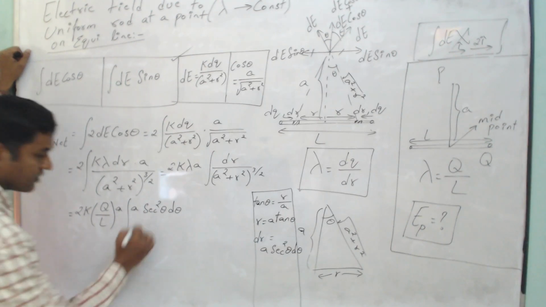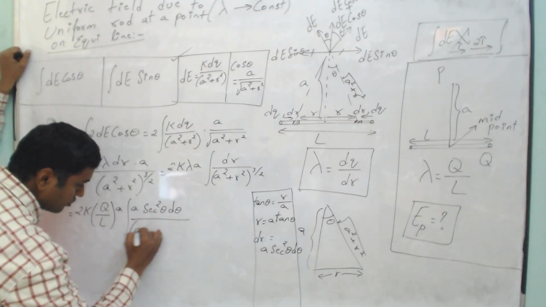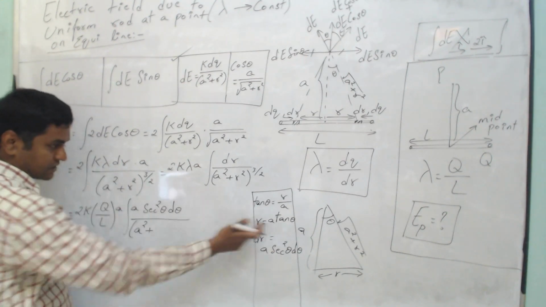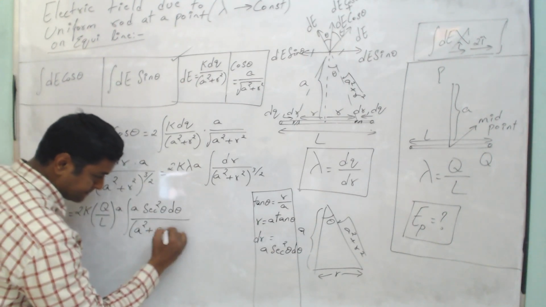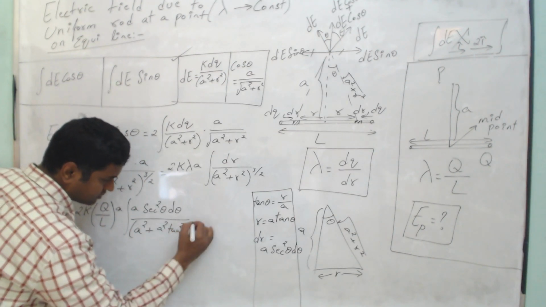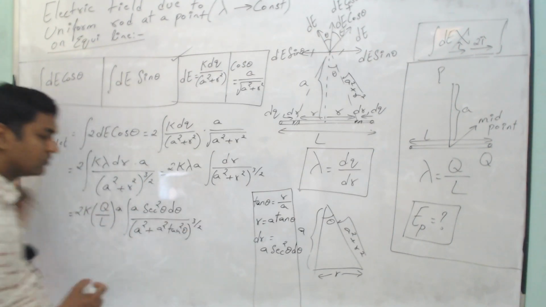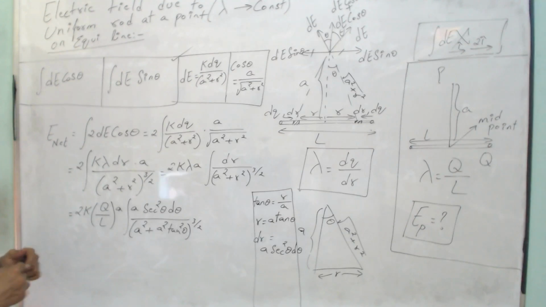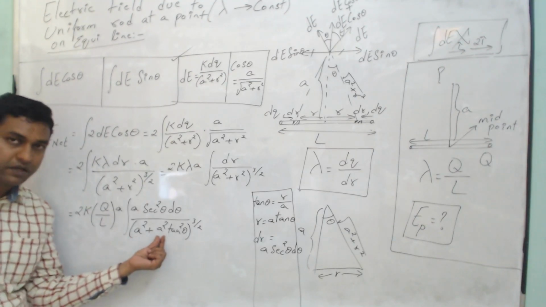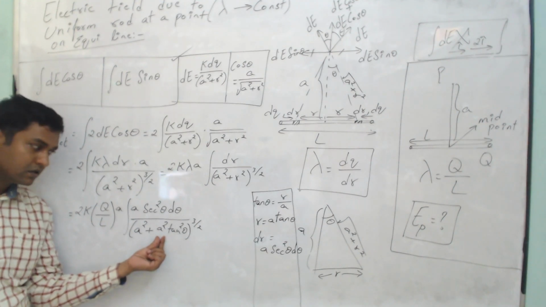Upon, in the denominator, I have a square plus what is r square? a tan theta. So I'll have a square tan square theta whole to the power 3 by 2. A square is common, we bring it out.